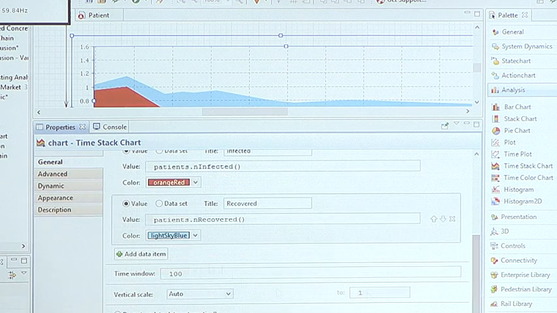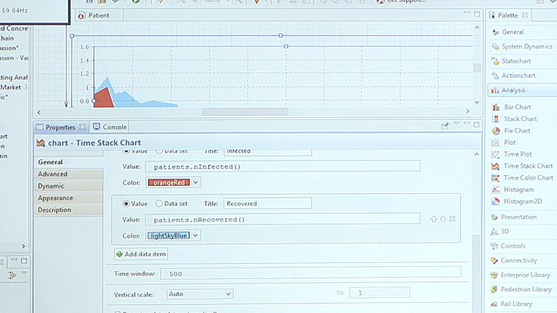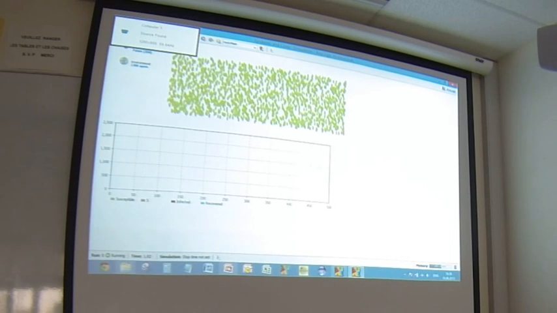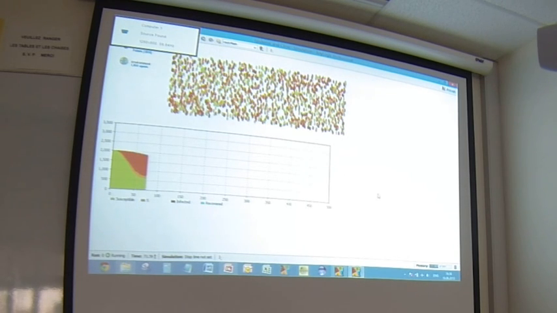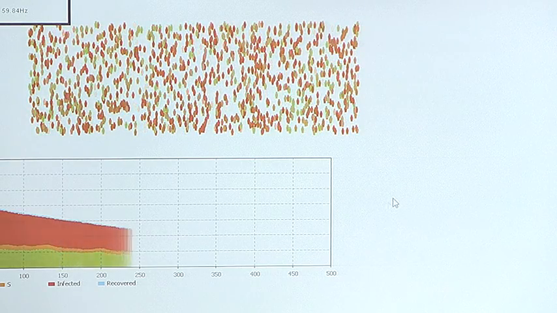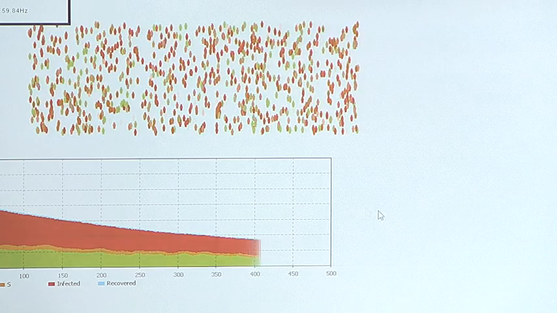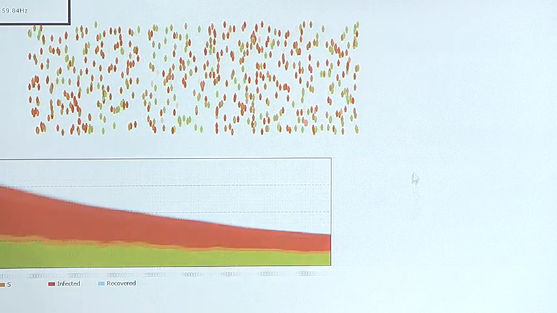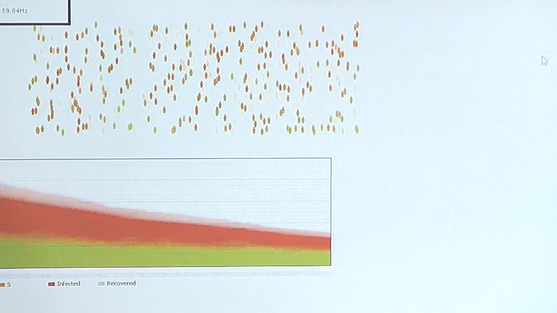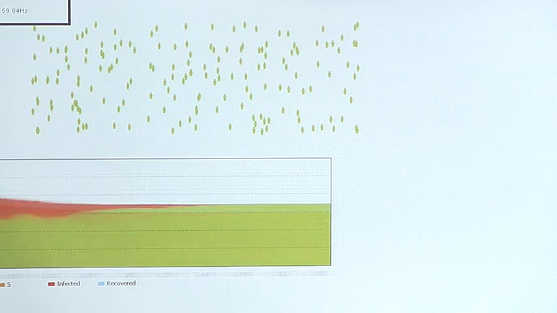I want it to be displayed over the period of, let's say, 2 years, well, 500 days. Okay. It goes this way.